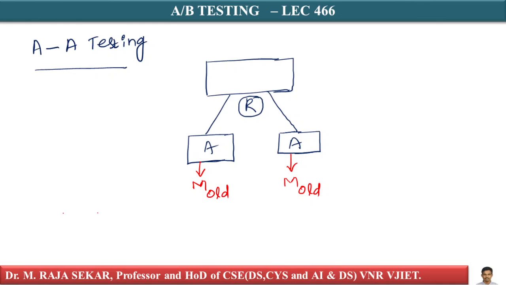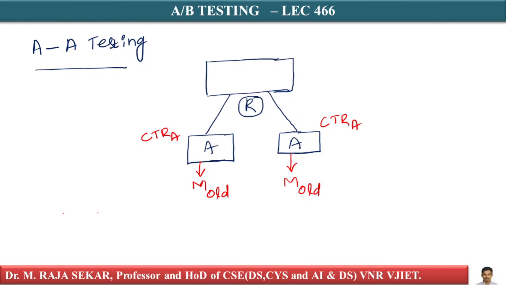What you typically do is run the same old model in both groups. You will get the CTR of A in both cases.